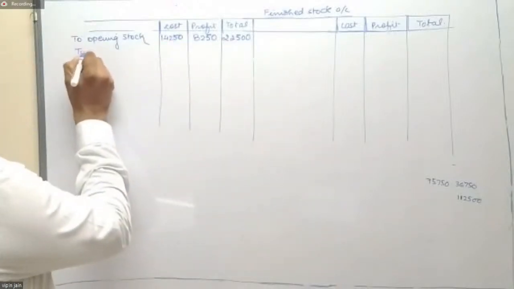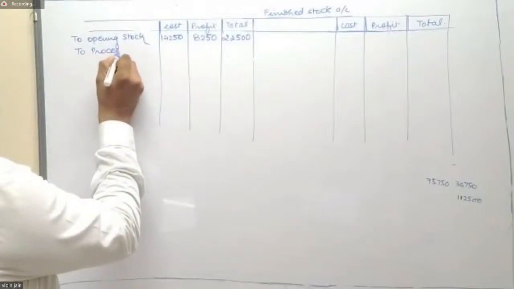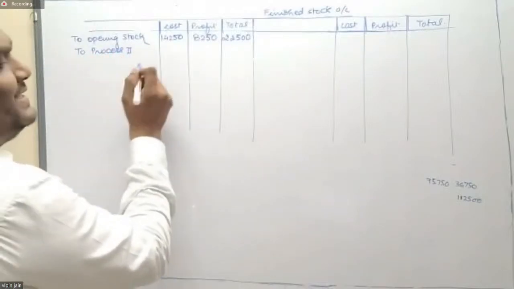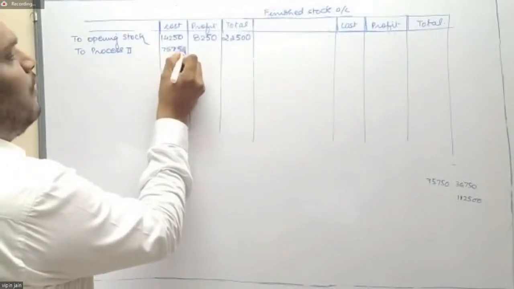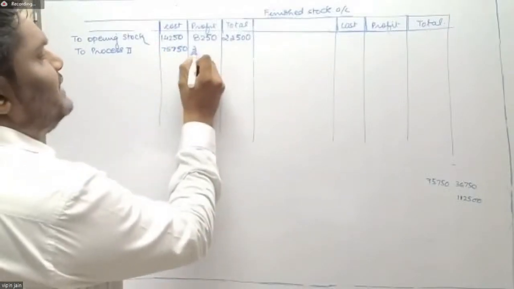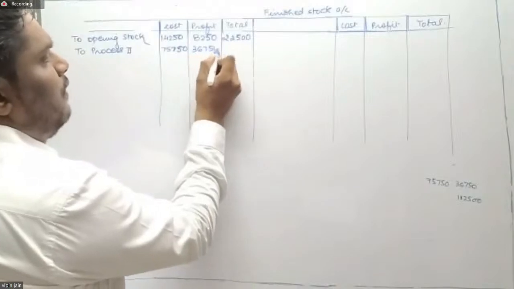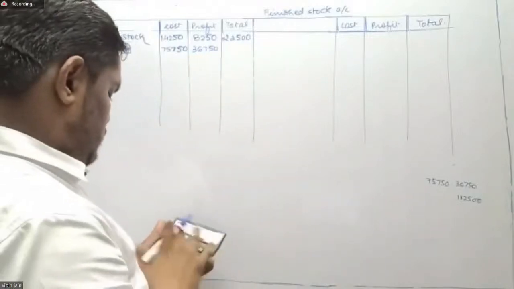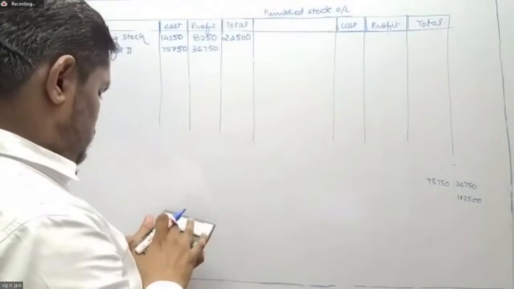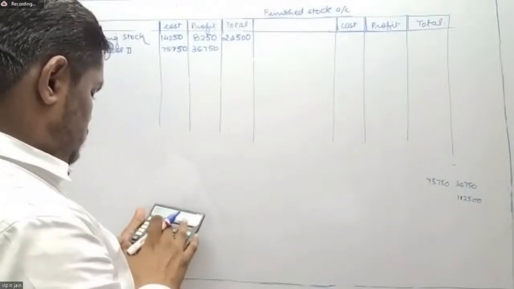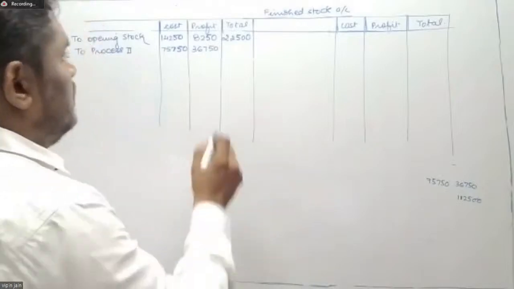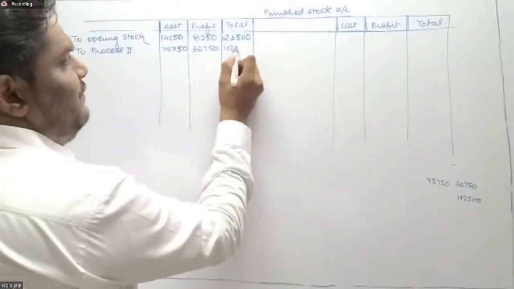Now the input received from process second, that is 75,750 plus profit 36,750, total 1,12,500.